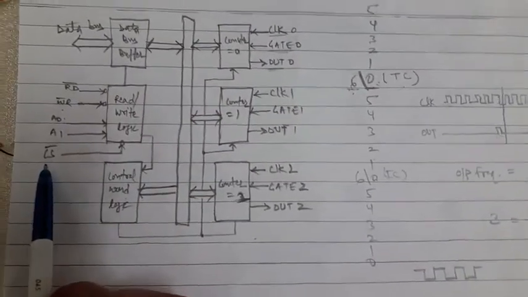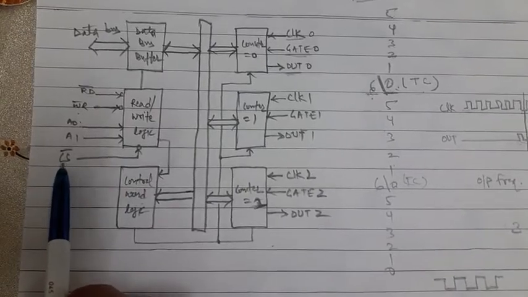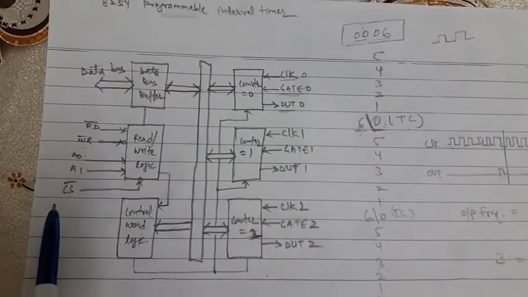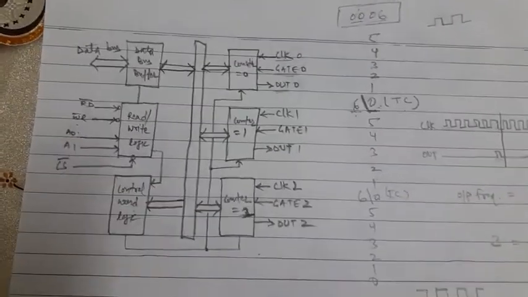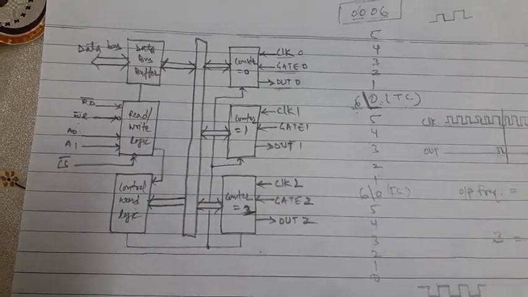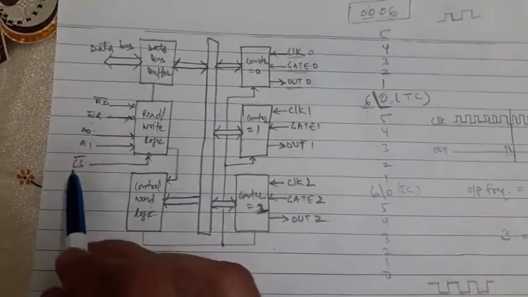Now this CS bar is used for designing only. This is called chip select. There are various chips that can be connected to the microprocessor, so for a particular address only that particular chip should be selected. That depends on this chip select.